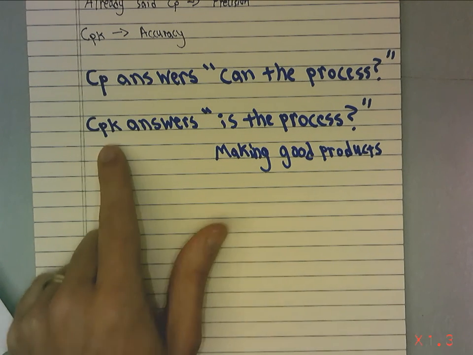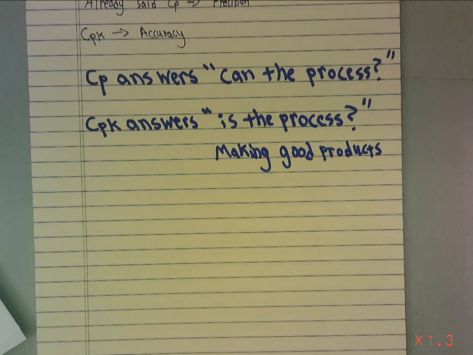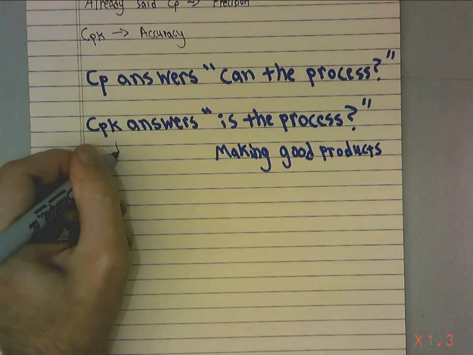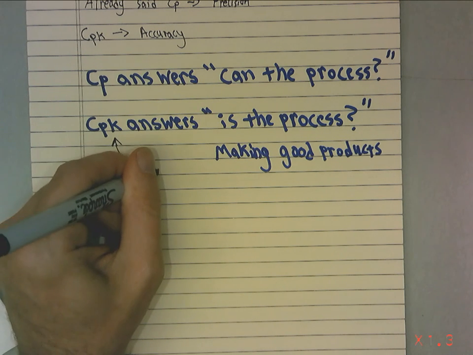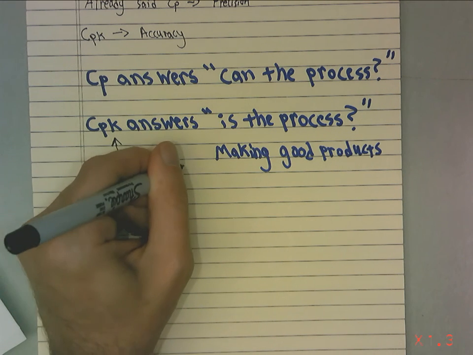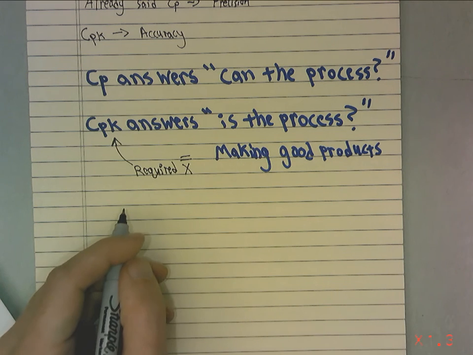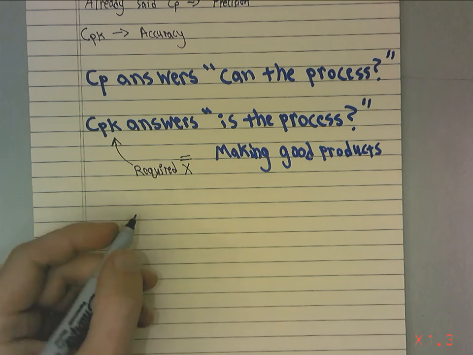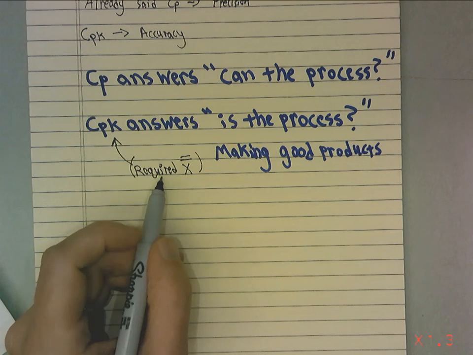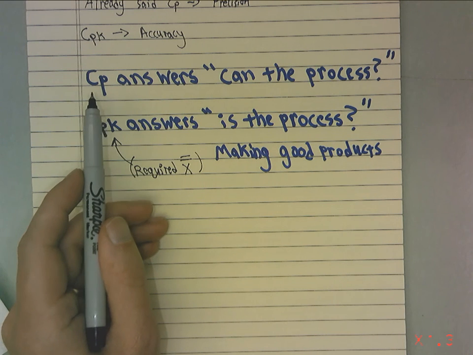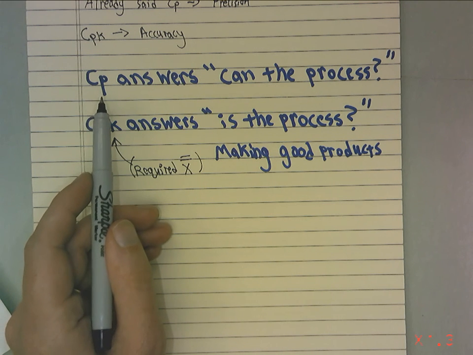But then notice that in the CPK calculation, this one required X double bar. We have to be making parts to find this. We don't have to be doing production to find CP.